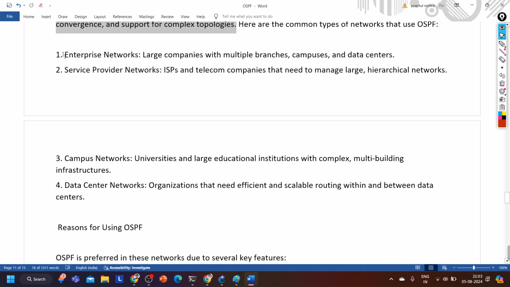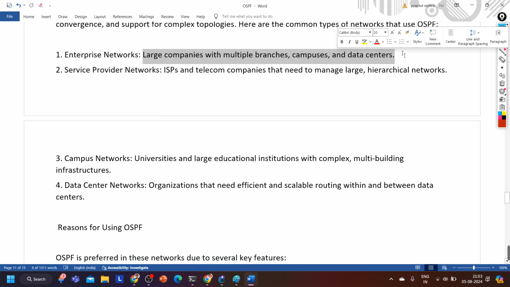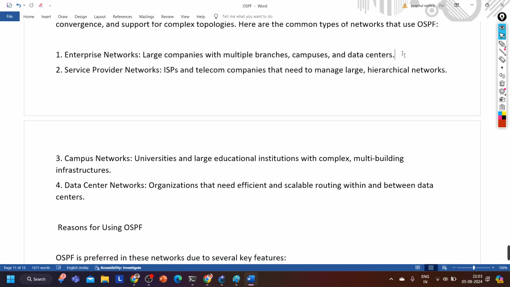Here are some common ones. You can see enterprise networks: large companies with multiple branches, campuses, and data centers, right? So a large enterprise company with multiple branches, campuses, and data centers can use the OSPF routing protocol.